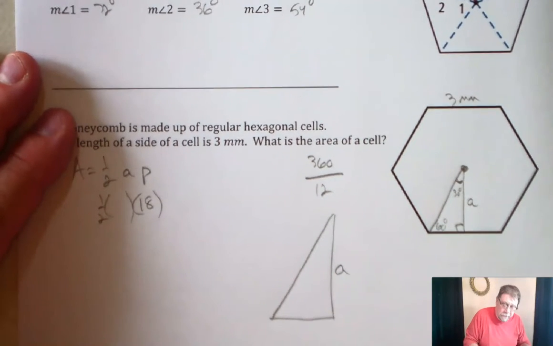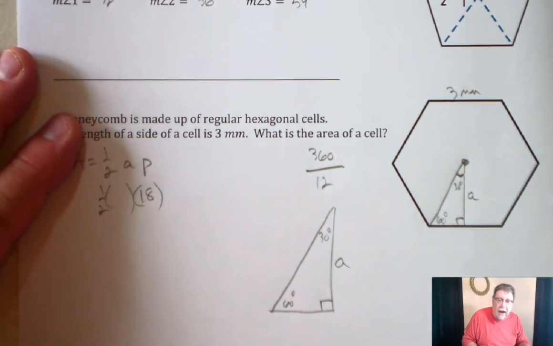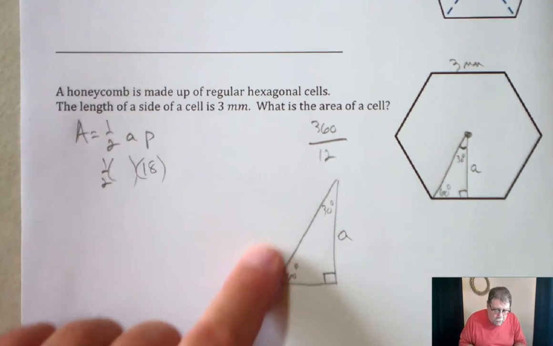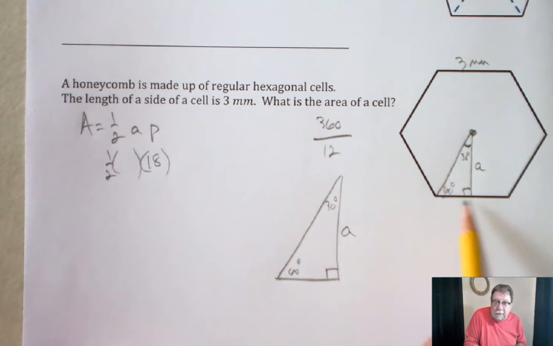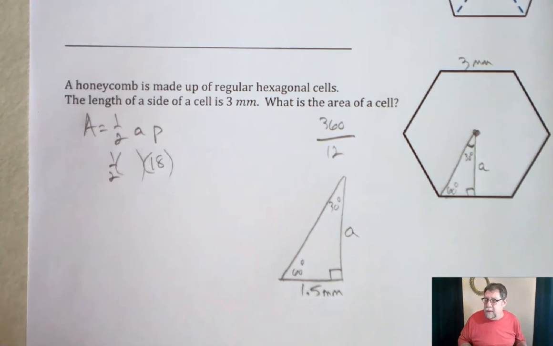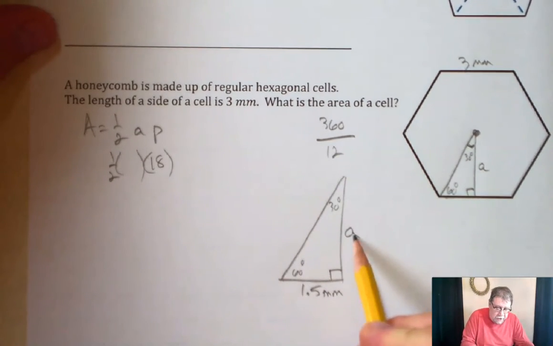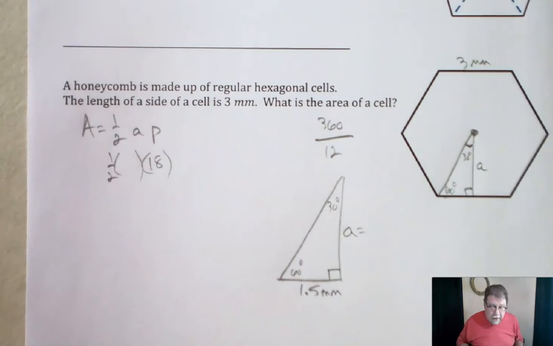This is the apothem. This is the 30-degree angle. This is the 60-degree angle. This is the 90-degree angle. And I do know one more piece of information. I know this length is half of 3. It's 1.5 millimeters. So now I can find the measure of the apothem using what I know about special right triangles.